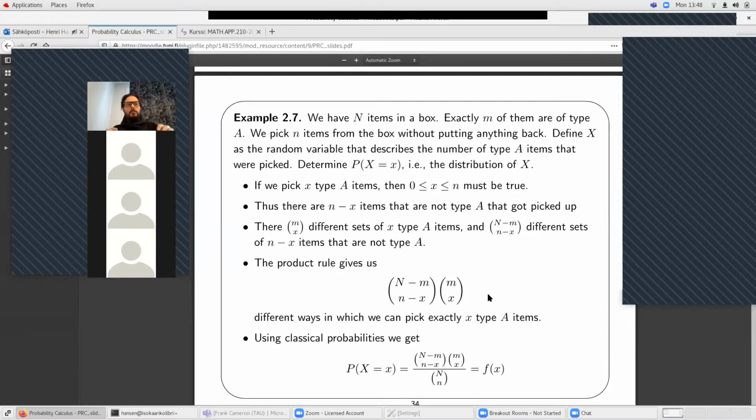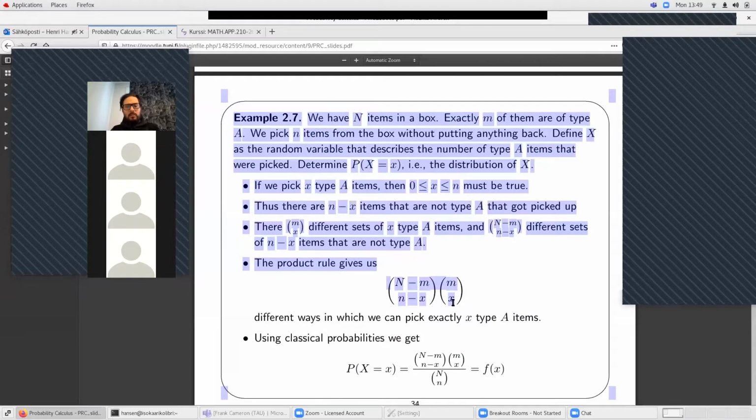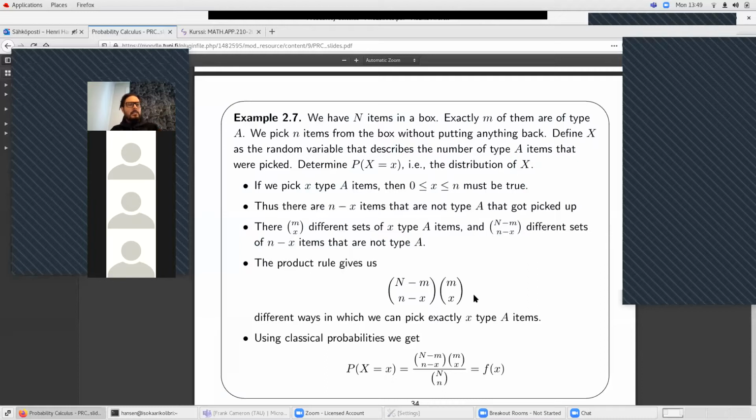Now, just picking up any N objects from that bag is simply capital N choose N. And this many are a situation in which we picked up exactly X oranges.